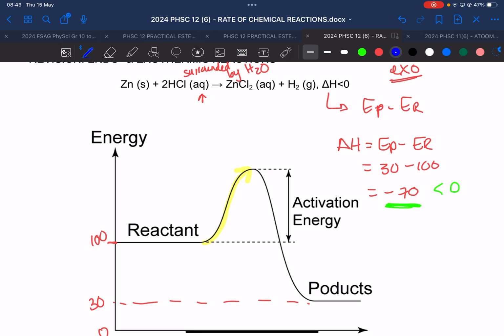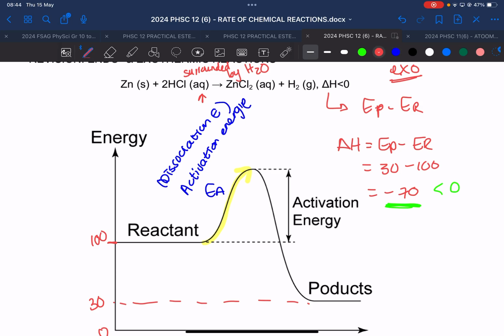What is that? Activation energy. So the name there is the activation energy. The symbol for that is an E with a capital A. It also has another name, dissociation energy. So the energy needed to break the bonds, to break the things apart.